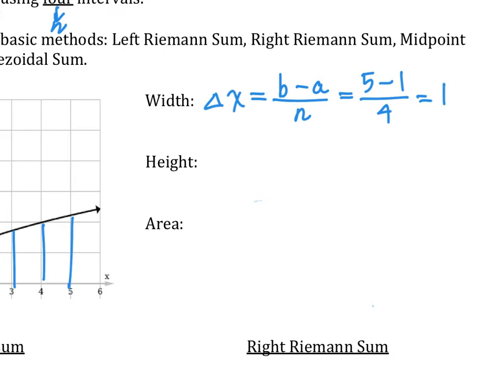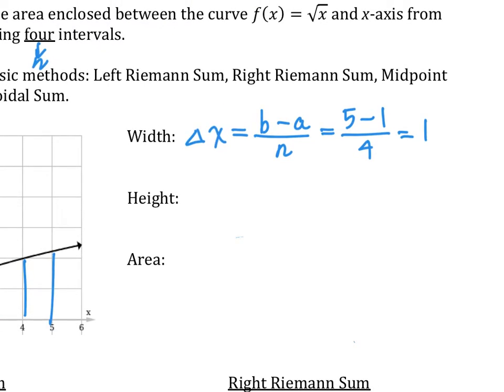So first, we're going to take that width, and then we're going to multiply by a height. Well, the height is going to depend on where you hit the curve, right? So then that's going to be wherever the function is at that x value. And then this i means the iteration of x.